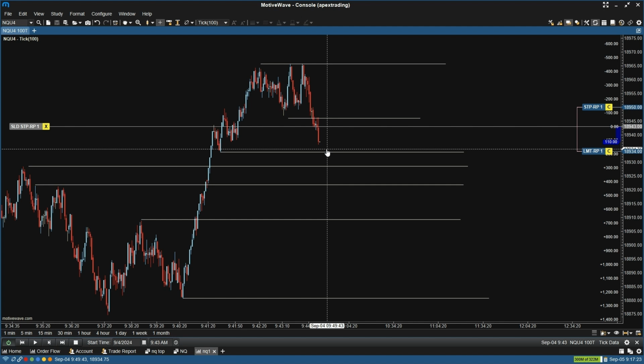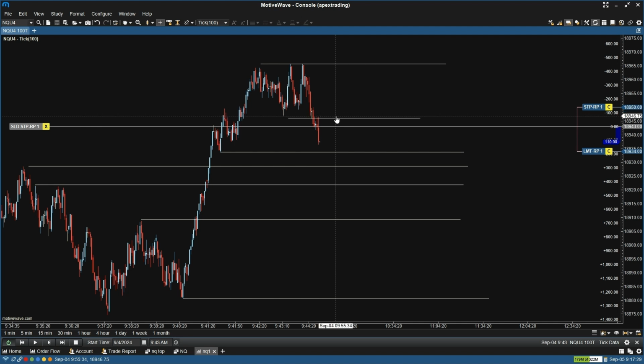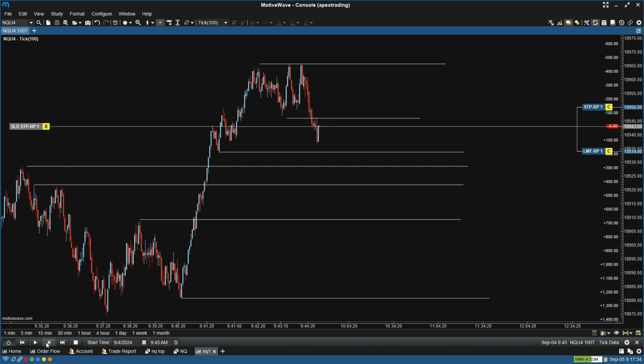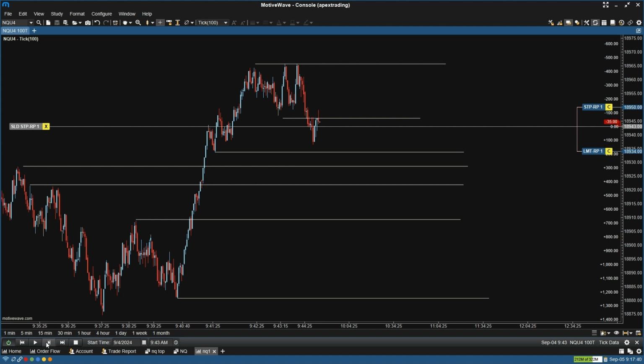Now we see that maybe it wants to take this one. So I'm just gonna wait a little bit. It's making a higher high. I might cut this.